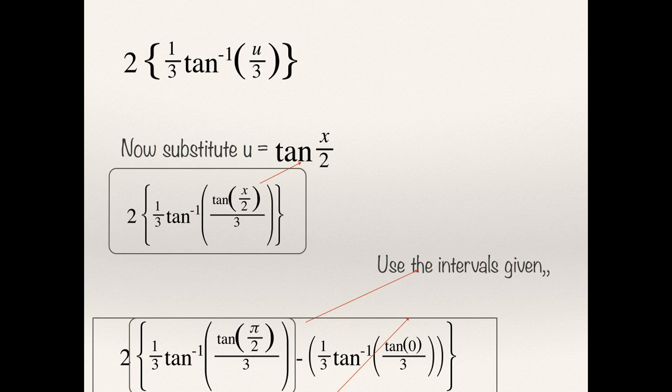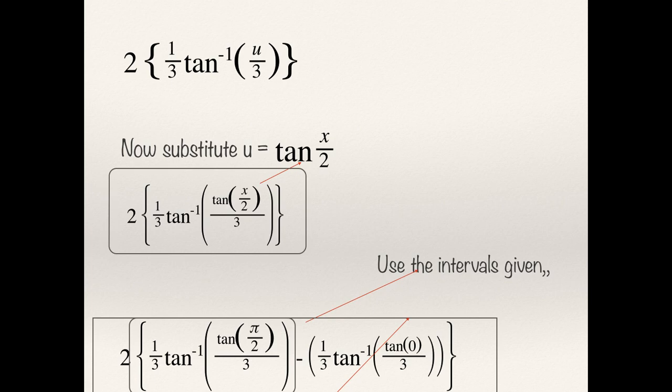Now substitute u is equal to tan x by 2. Did you substitute that? Okay. After substituting that, now again use the interval to substitute the values of x. Here you have to use the basic concept of integration. Integration means to find area.